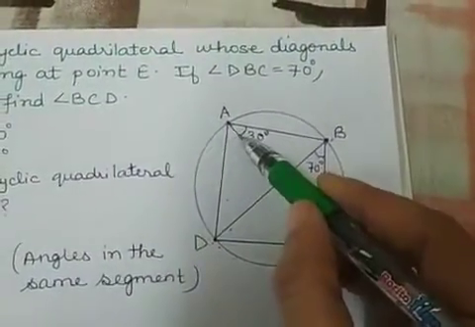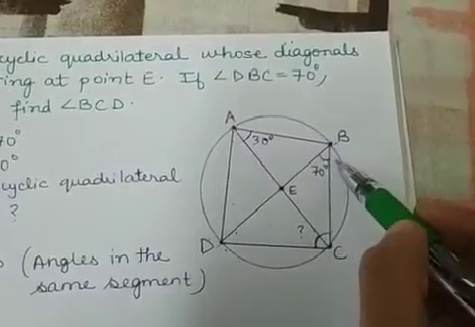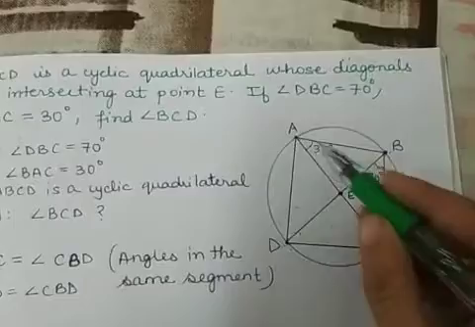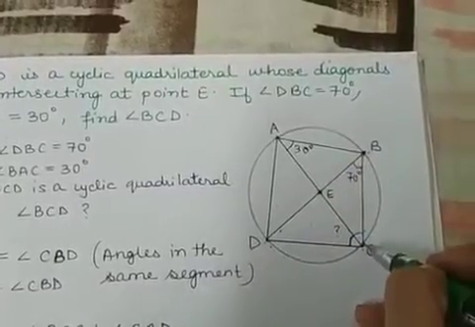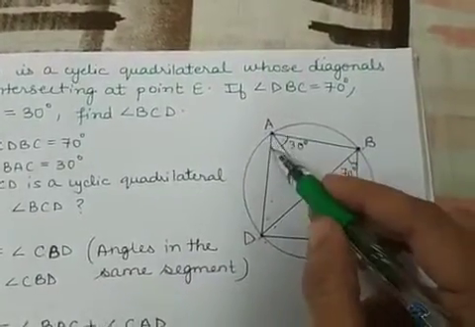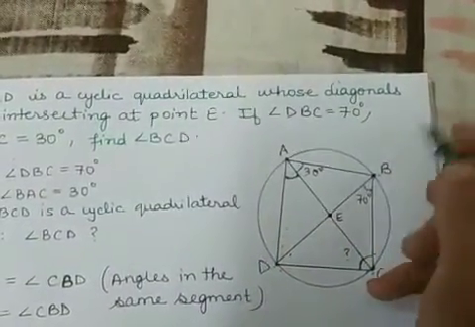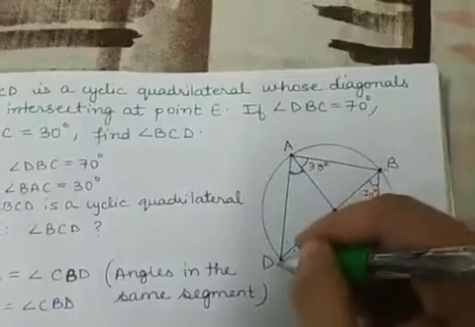So this angle should be equal to this angle, right? So using that, angle DAC should be equal to angle CBD.